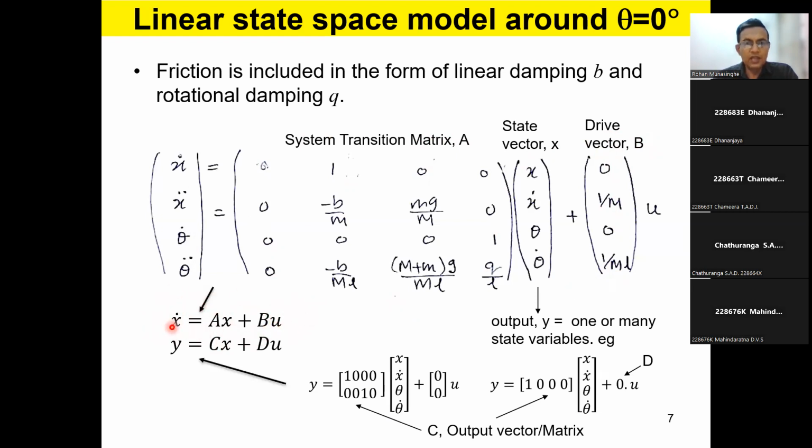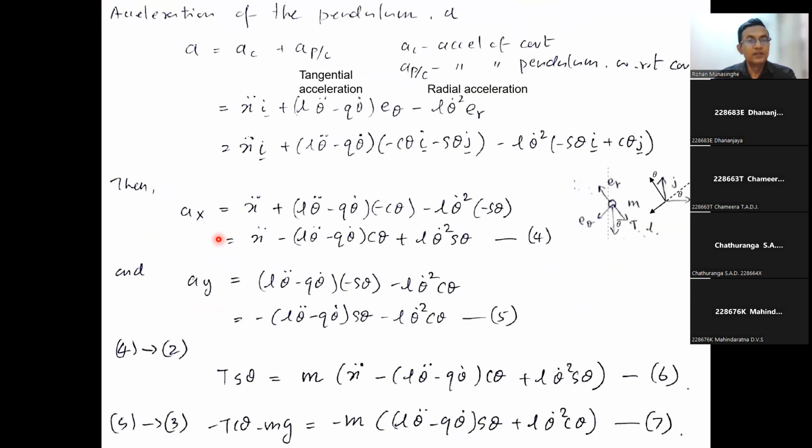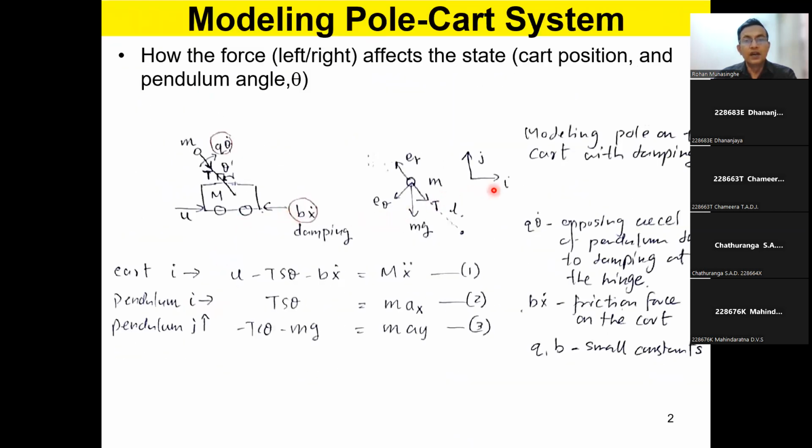Remember, this x is not the position of the cart. You might confuse yourself. This direction is x, this direction is y. This x is the horizontal dimension.